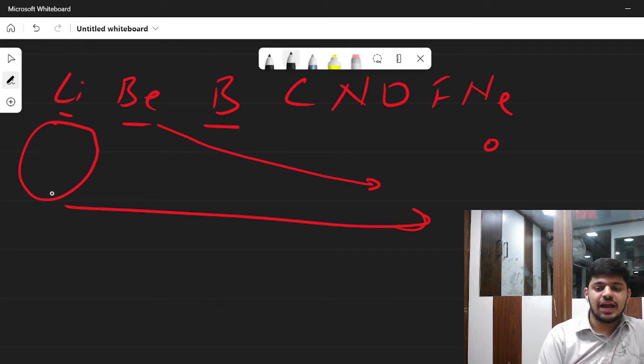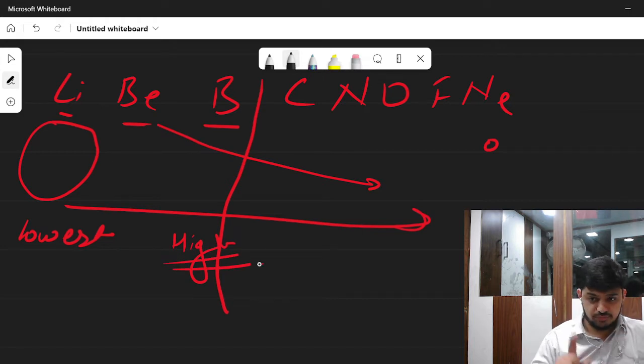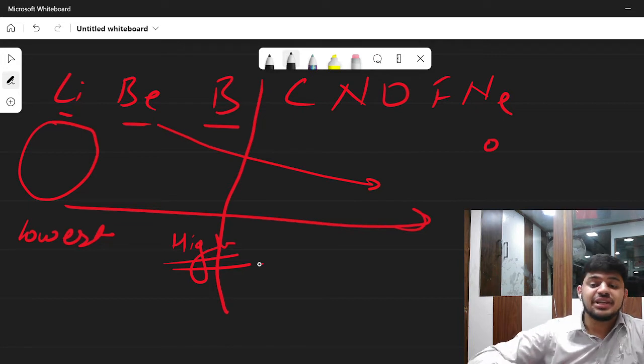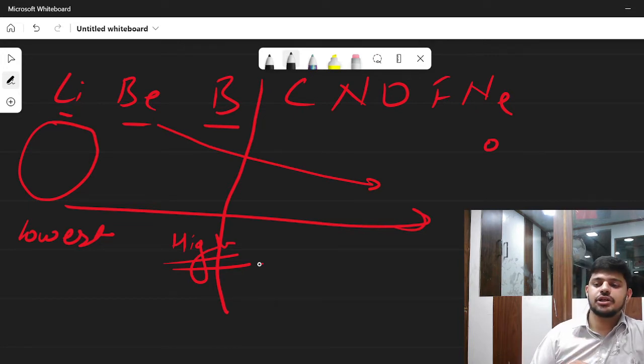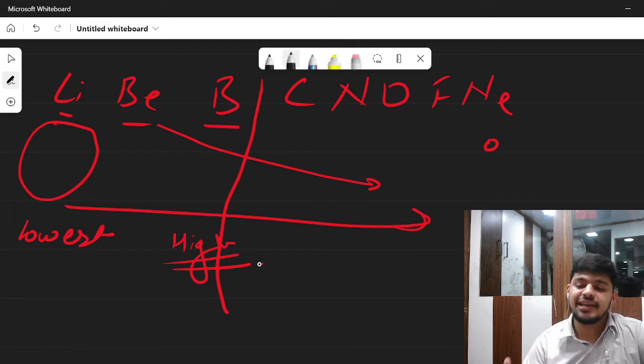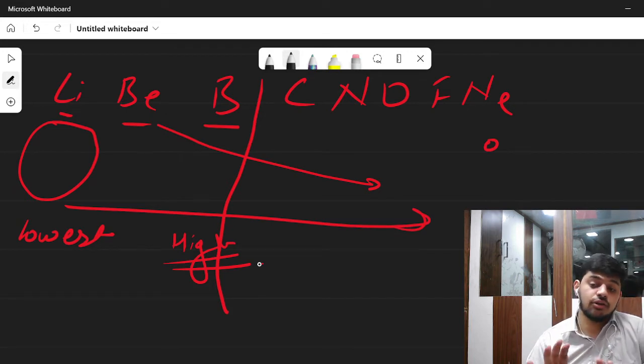As you know, lithium has the lowest ionization energy, and boron has the highest ionization energy. This is the first thing. The question can come like, what will be the order of ionization energy? Whose ionization energy is the least, or whose ionization energy might be higher? So that's how the question can come in your exams, from ionization energy.